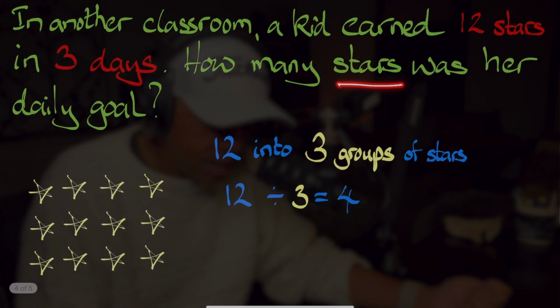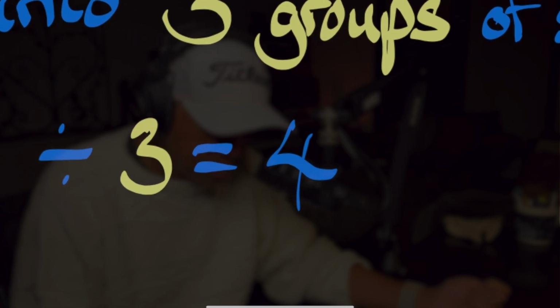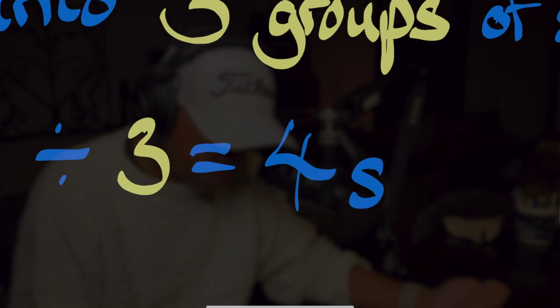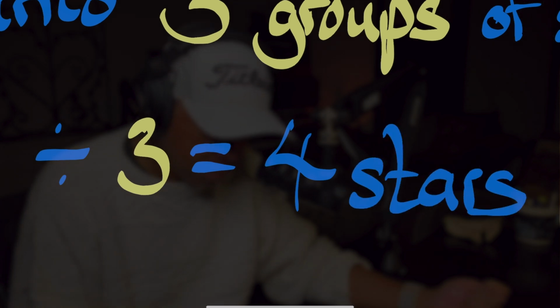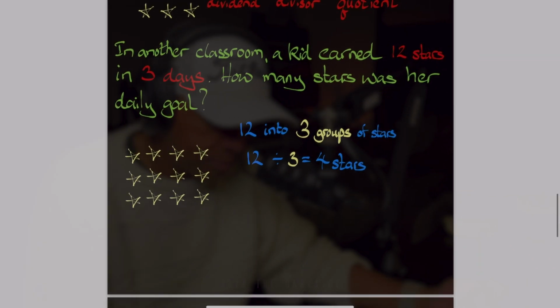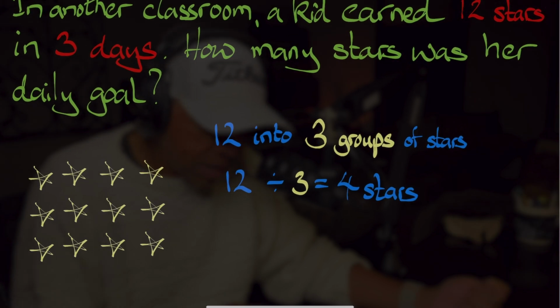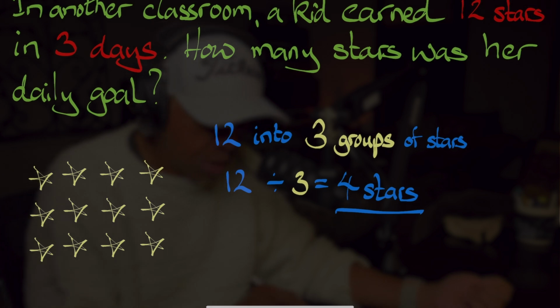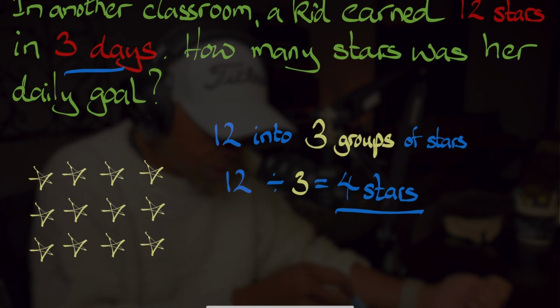In this question, I'm supposed to find how many stars. So I have to fill in my unit for stars. So how many stars was our daily goal? She had 4 stars for each of the days, and it actually took her 3 days, as was given in the problem.